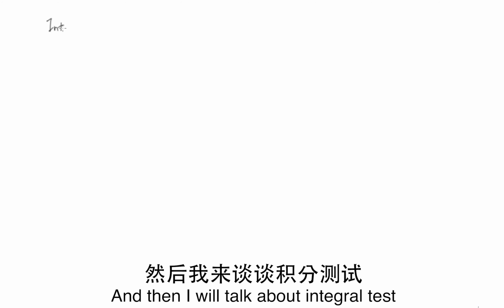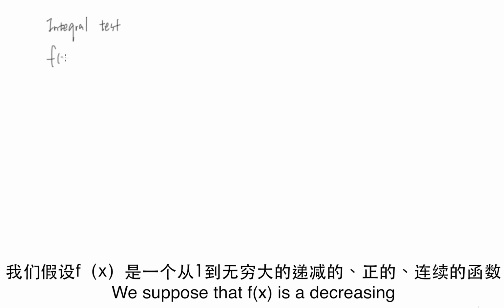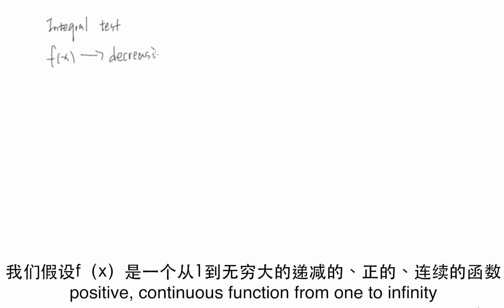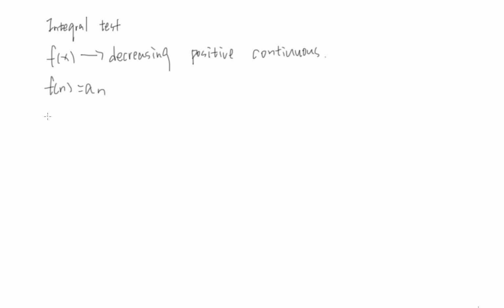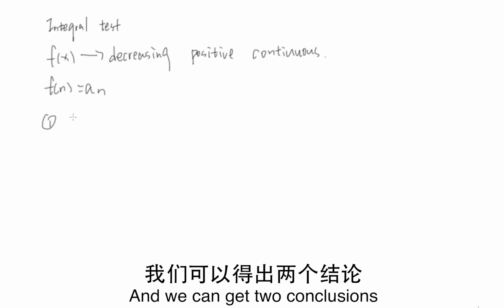And then I will talk about the integral test. We suppose that f(x) is a decreasing, positive, continuous function from 1 to infinity, and f(n) equals an for all n. And we can get two conclusions.